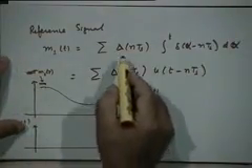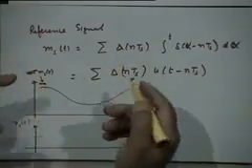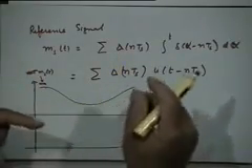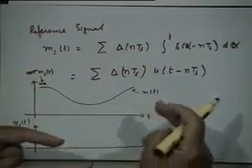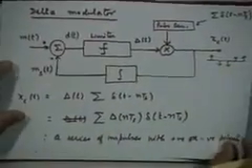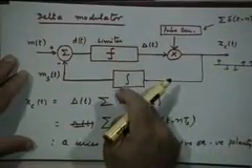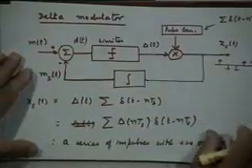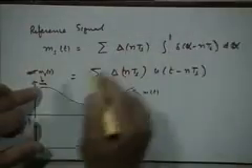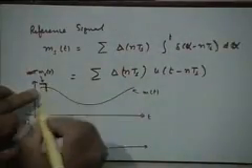So the quantized value of delta will become -1, and that will produce at the delta modulated output a negative impulse. That negative impulse, when it gets integrated, will produce a negative step, right? So basically m_s(t) will go through a negative step.